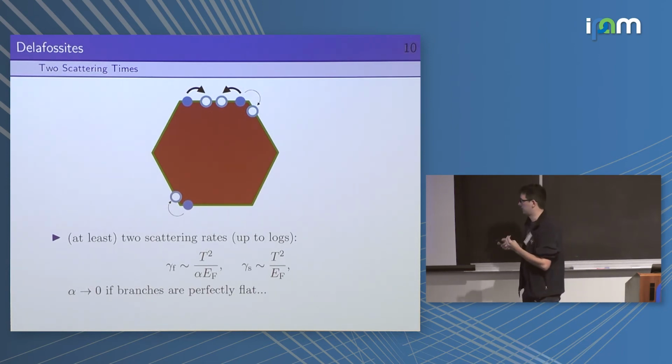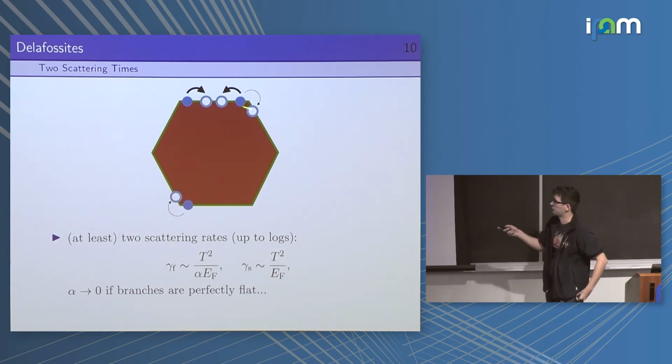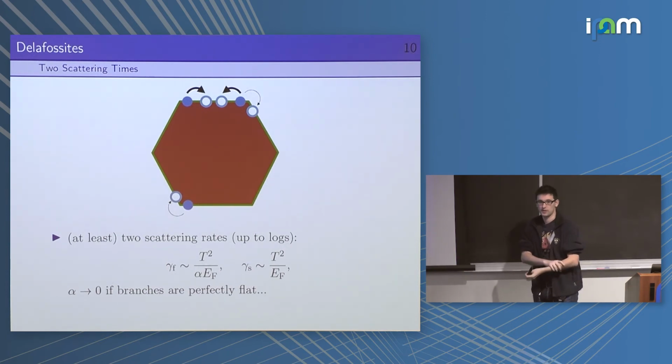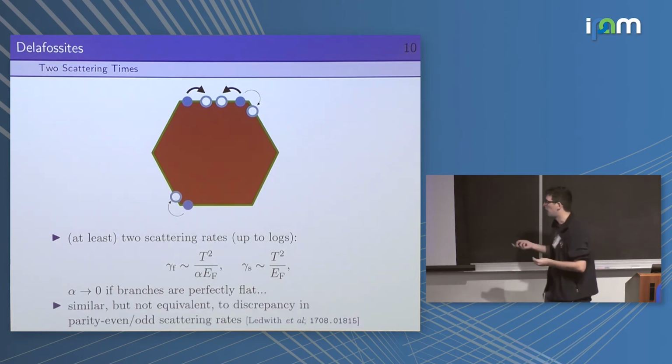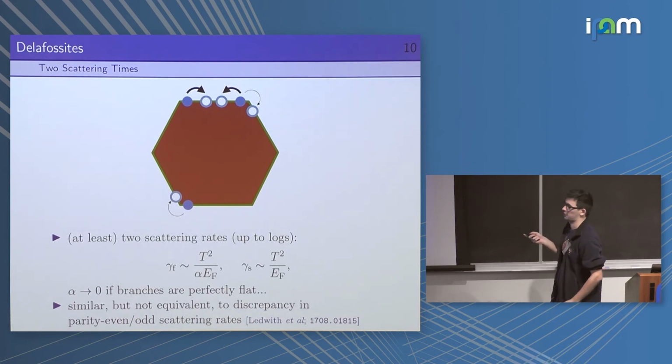If we imagine that this hexagon is perfectly flat, that gives you some sort of trivial infinities, but if we assume that it's a nearly flat hexagon, we find that the separation in scales between the scattering rates on a branch versus off of a branch is essentially set by some relative radius of curvatures on this hexagon. I think this is at least an order of magnitude effect in palladium cobaltate, but I don't remember the exact number. I should also mention there's yet another scattering time, which was pointed out by a group at MIT.